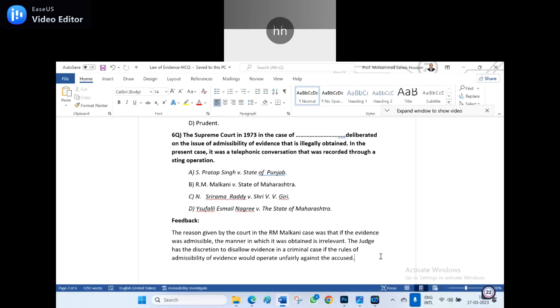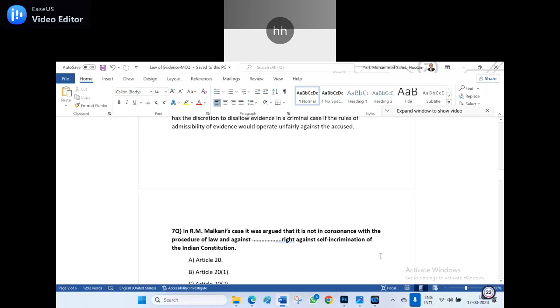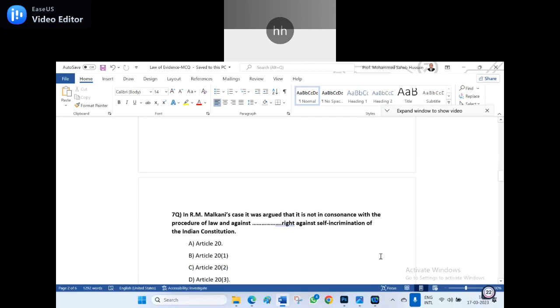I told you already, number one, double jeopardy. Number two, when the offense is committed, the punishment will be counted from that day onwards. Number three, there would not be any force for self-incrimination. What is that article?